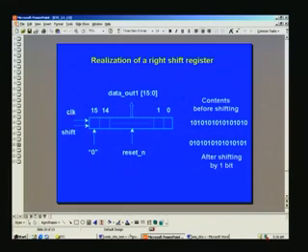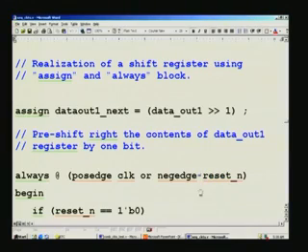And the code for this is here, and as usual this is the comment field, a line comment, and we have an assign statement which produces a combinational output. Here what we want to do is write shift by one bit, and we use a symbol like this, two greater than symbols.